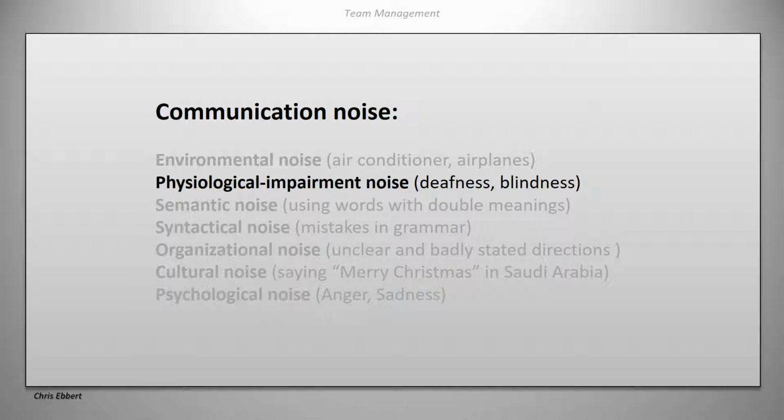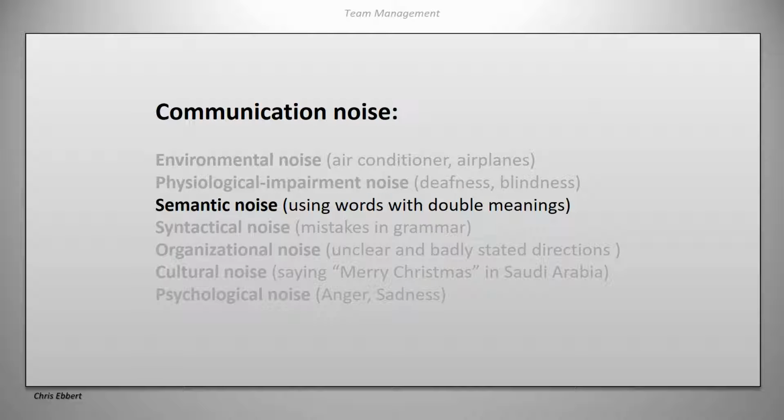There could be a physiological impairment noise, like I just said. Your conversation partner may have a disability. There can be semantic noise, such as using words with double meanings. In the English language, that's considered very cool, and it happens a lot, but it is a lot better if you don't do that. So use words that really have a clear meaning.